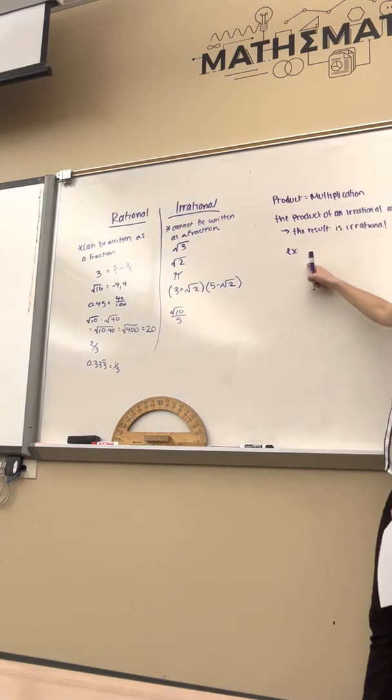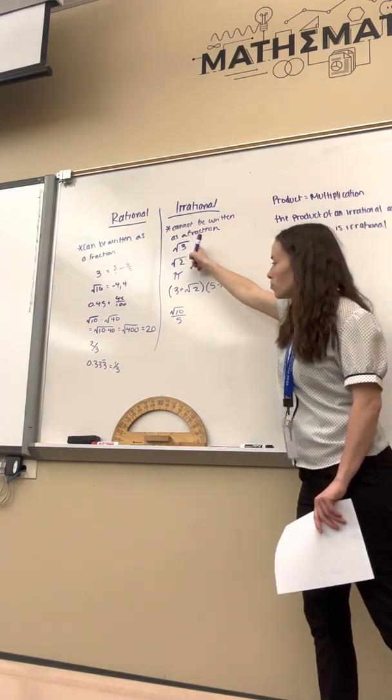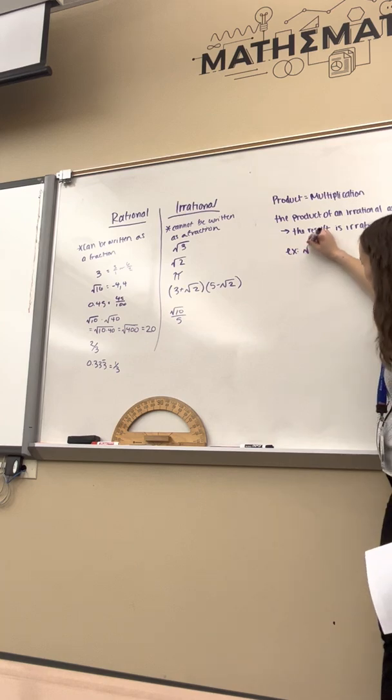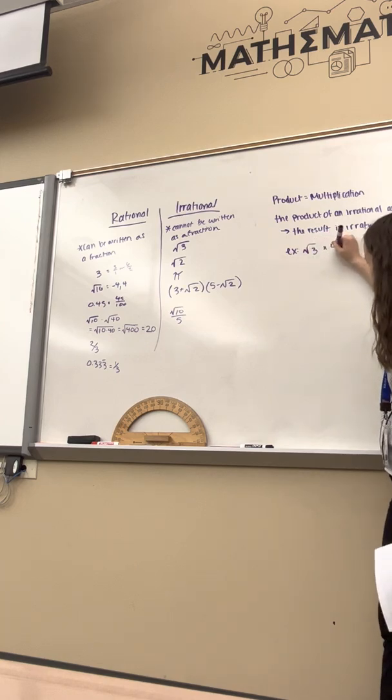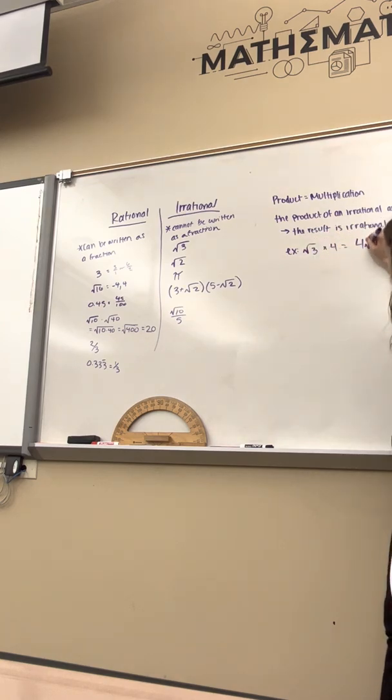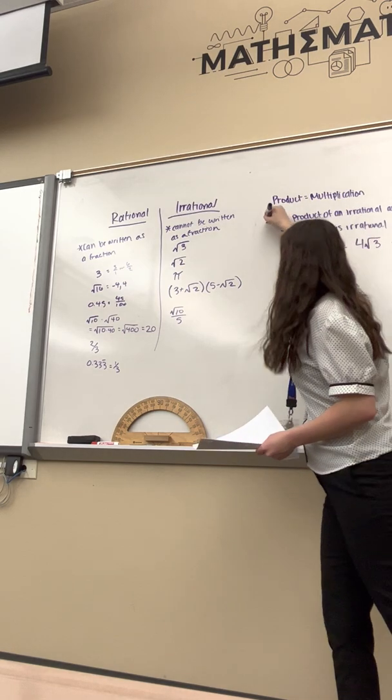What that means is if I take the square root of 3 and I multiply it by 4, I get 4 times the square root of 3, and that is irrational. But I took an irrational and rational number to multiply together. So that's the first thing.